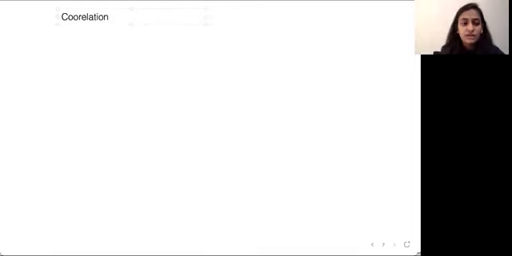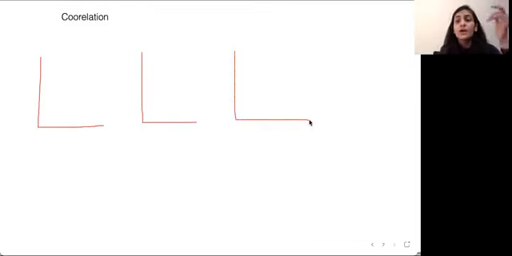If we look at this, that's going to be a positive correlation. We have a negative correlation and no correlation. First, correlation is not cause and effect. It is only that there is a relationship between the two variables.